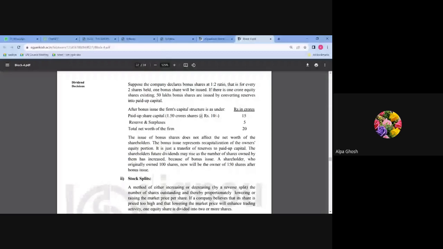The shareholders' dividends will then be on the basis of the number of shares they own originally plus the shares which have been issued against the dividend. Total representation will be of the originally owned shares, and second, the shares which they have been issued against the payment of dividend.